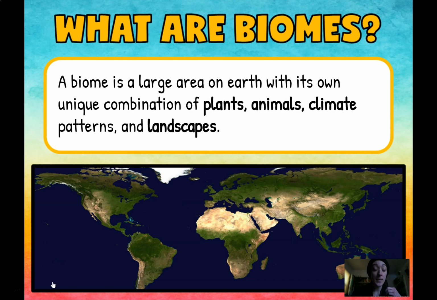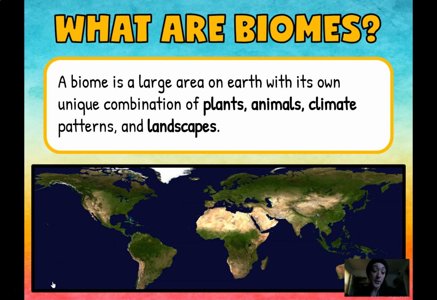So climate really means weather, right? The weather patterns. So not just the weather on one day, but how the weather acts all throughout the year, right? How hot or cold it gets, how much it rains or snows. So that kind of thing. And then landscapes. What does the land look like? Are there big rocky formations? Is it mostly flat, mostly steep, kind of hilly, right?